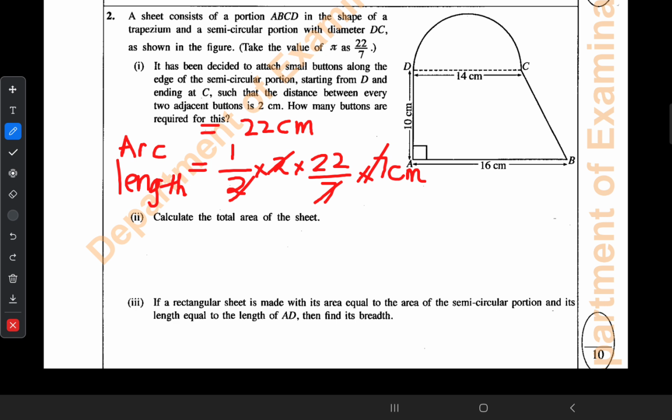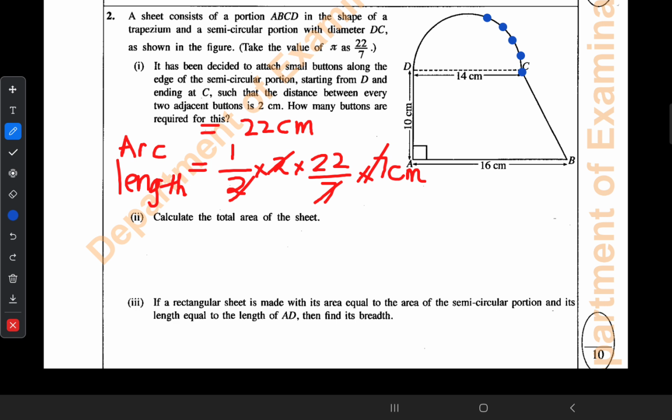Think about it. You are going to place some buttons in this circumference region. Starting from C to D, one button here at 0, then 2 centimeters, 4, 6, 8, 10, 12, 14, 16, 18, 20, and 22.